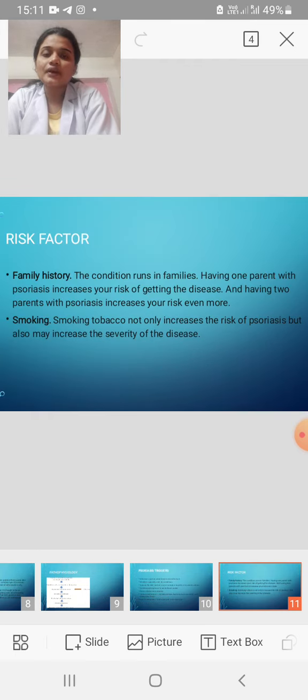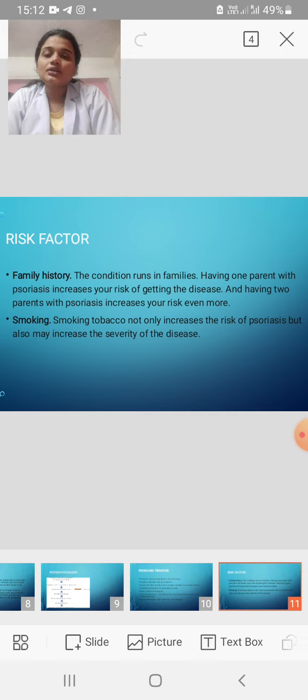Risk factors of psoriasis: family history. This condition runs in families. Having one parent with psoriasis increases your risk of getting the disease, and having two parents with psoriasis increases your risk even more.